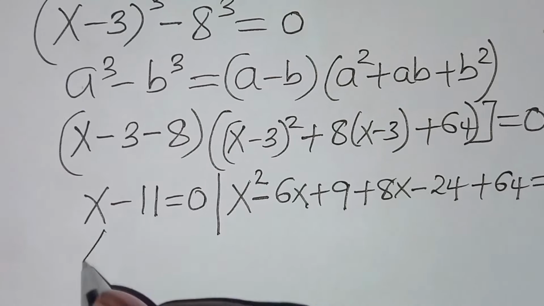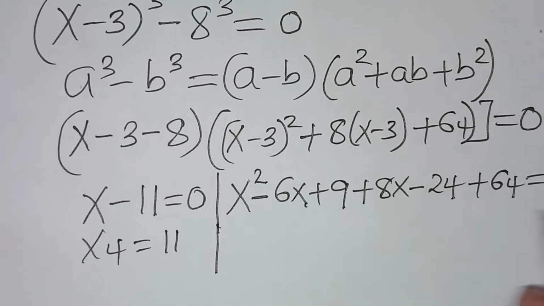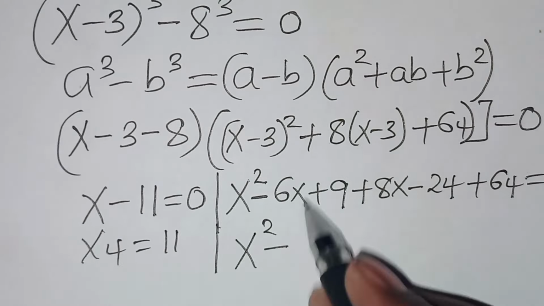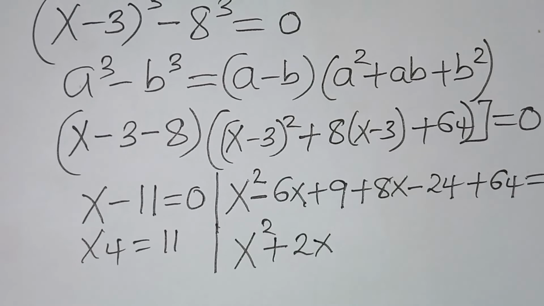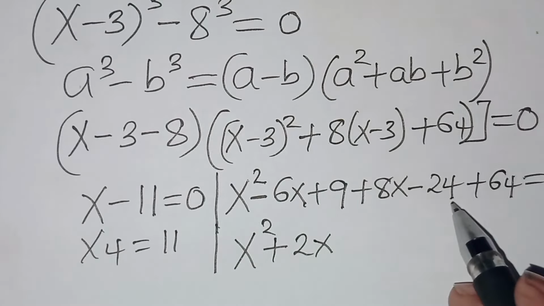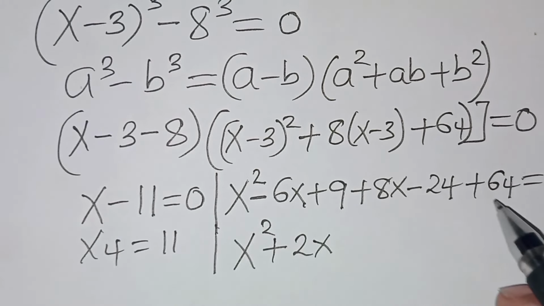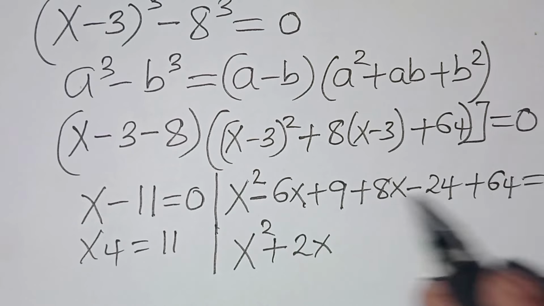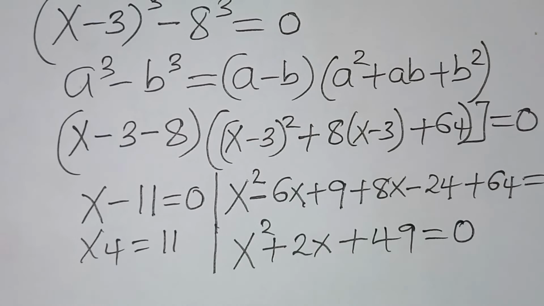So here we have x4 equal to 11. And then here we have x squared, negative 6x plus 8x, this is plus 2x. Then here we have minus 24 plus 64, now this is actually equal to 40. 40 plus 9, this is equal to 49. This is equal to 0.